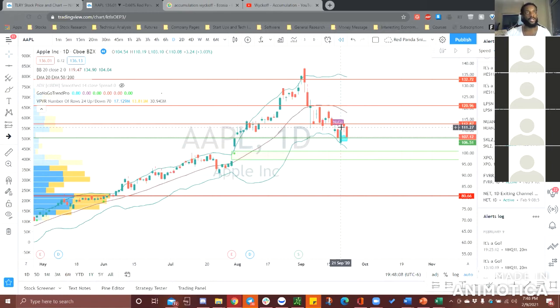You can set the put and pick what you think is going to be support as your strike price, and then however much time you feel you're going to need for it to get there. The main point is it might not get to that support line again, but you want it to start dropping towards your price.